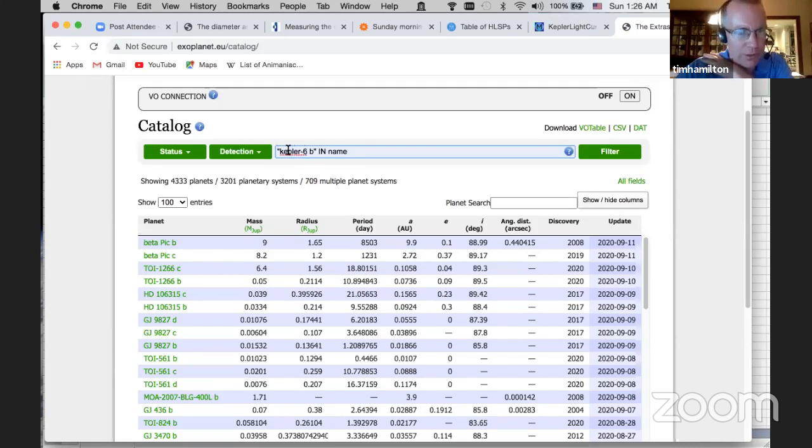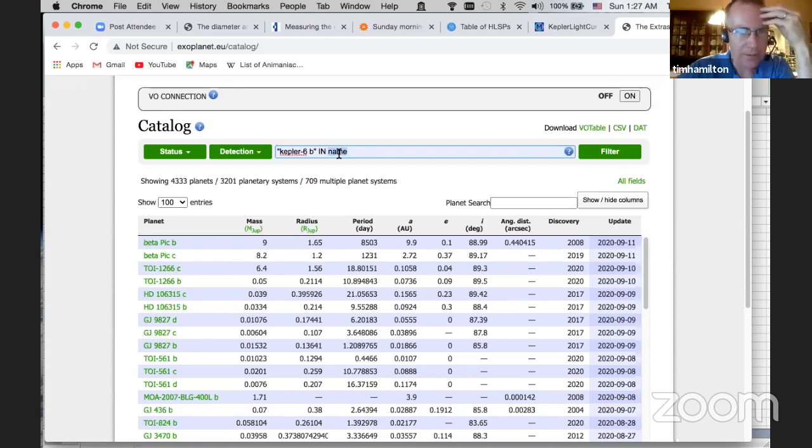So what we're going to do is we have to call it the name in this format. The capitalization does not matter. Capital or lowercase, either way does not matter. But we have to put Kepler-6 and then a space and then the letter B, and that must be enclosed in double quotes. And then we put capital I, capital N, and then in lowercase name.